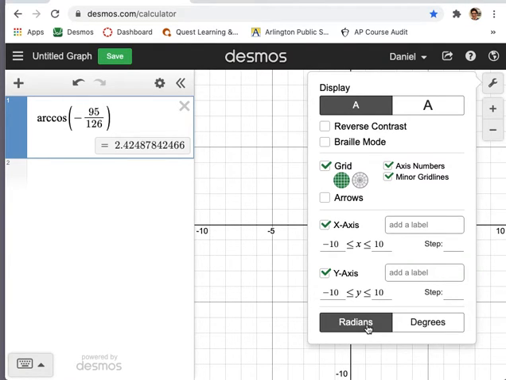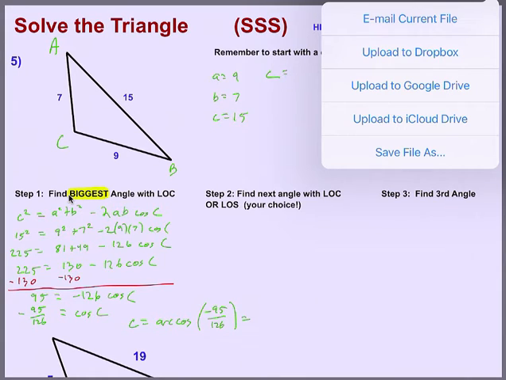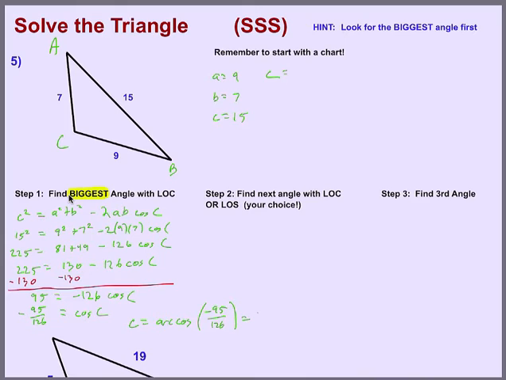Had I been in radian mode, well, that doesn't seem right. 2.4 degrees? No, you'll notice if you use arcsine or arccosine in radian mode, it's not quite right. So degrees, so 139 degrees, and so we will go back to our diagram and say that is 139 degrees. We can put that in here. And we have found the first angle.